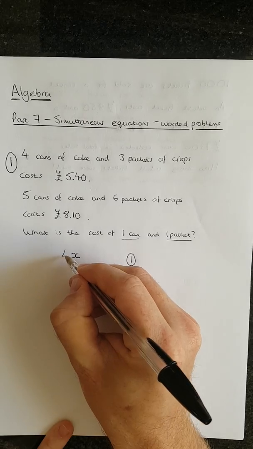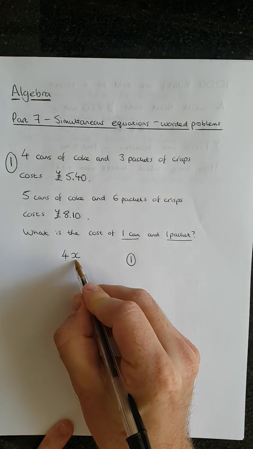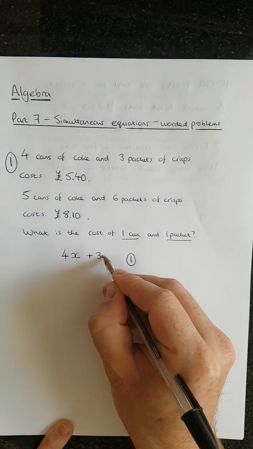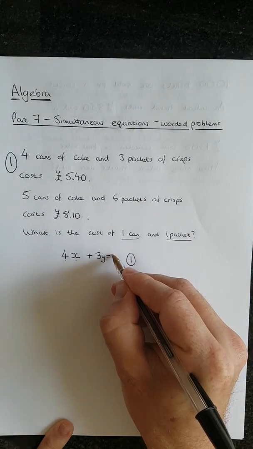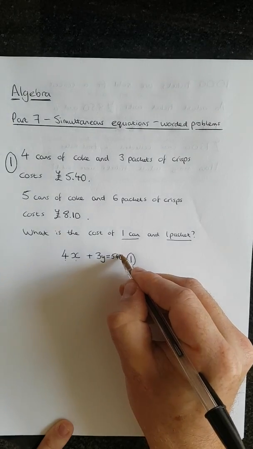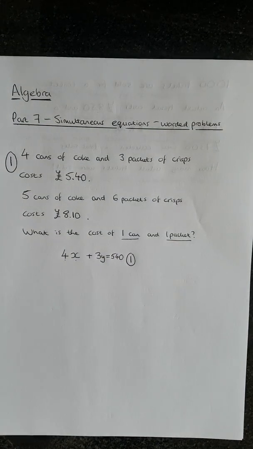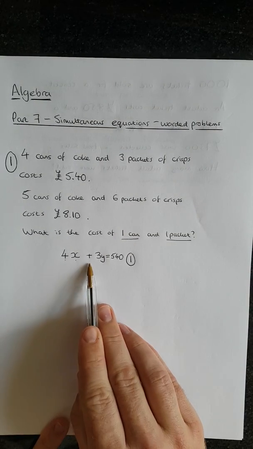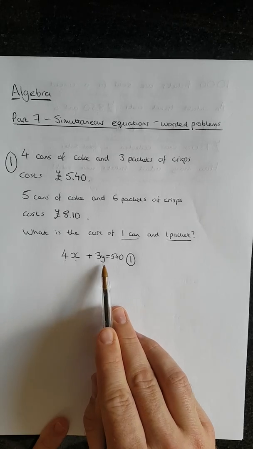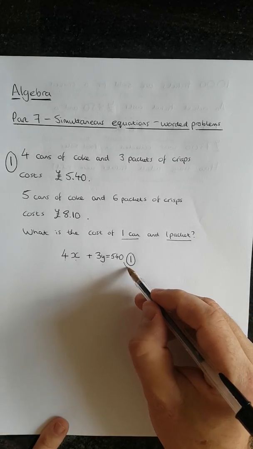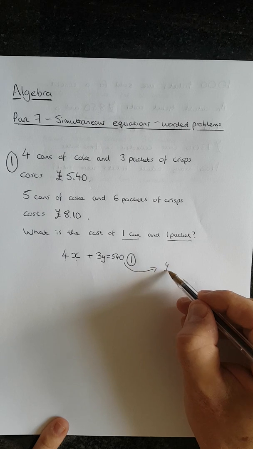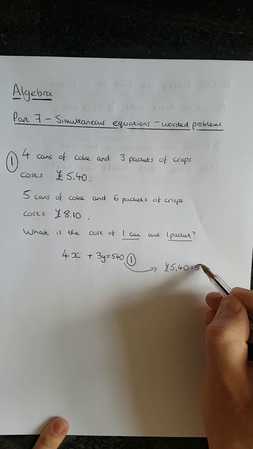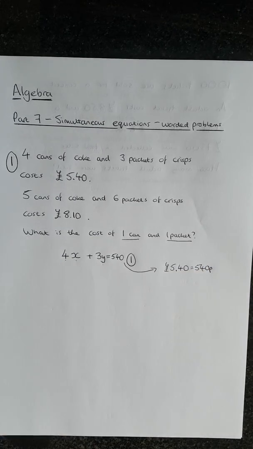And 4 times the cost of a can of Coke plus 3 times the cost of a packet of crisps is £5.40. And I've converted that into pence to make it easier.